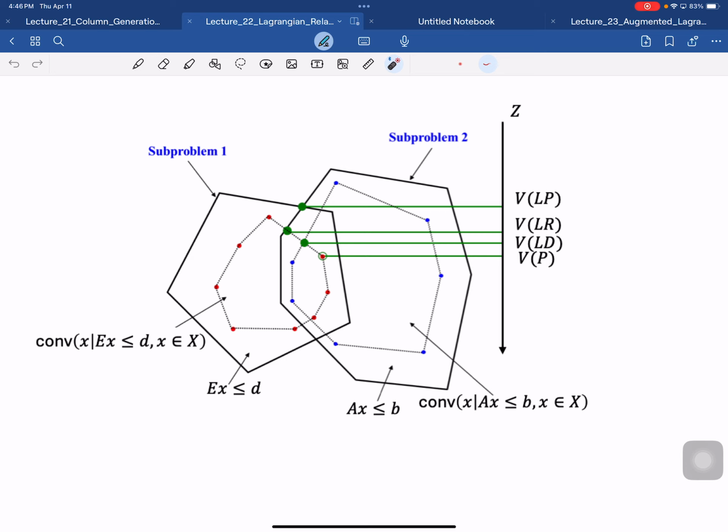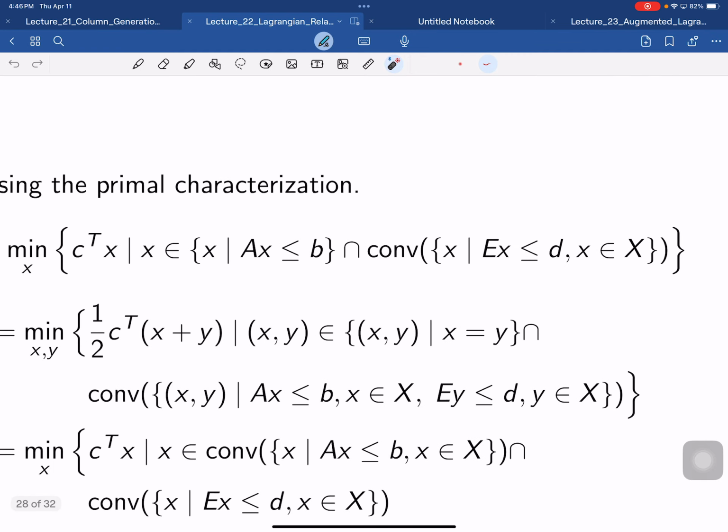Okay. And the Lagrangian decomposition should be the intersection of the convex hull of the left side polyhedron and the convex hull of the integer points in the right polyhedron. Right? And then the intersection of the two convex hulls will give you even tighter bounds than the Lagrangian relaxation. Okay, you can go back to the algebraic definition.